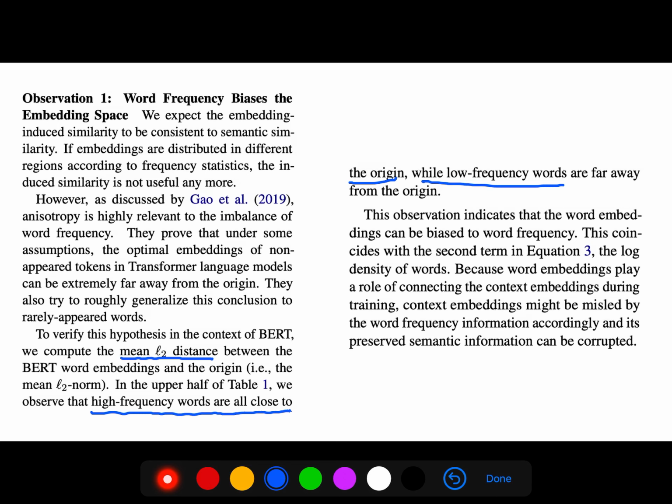This observation indicates that the word embedding can be biased by word frequency. Because word embeddings play a role of connecting context embeddings during training, context embedding might be misled by the word frequency information, and its preserved semantic information can be corrupted.